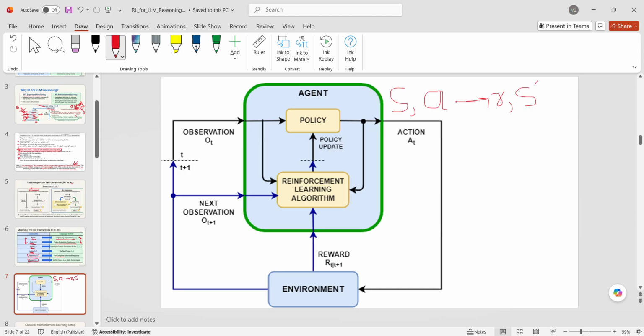We were in a state, we took an action A, we got a reward from the environment, and we got into a new state S dash.